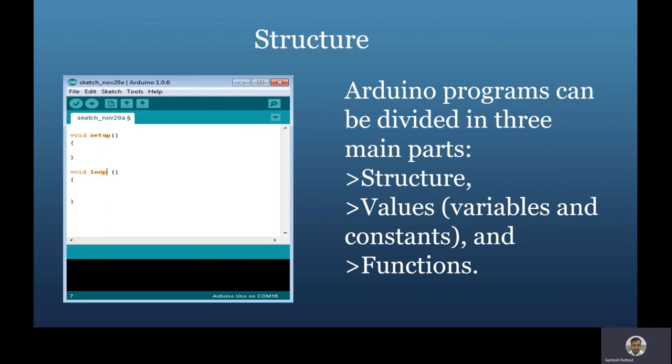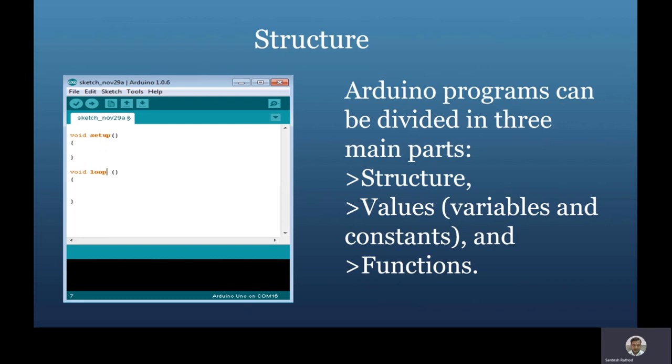So here we'll start with the structure. This software structure consists of two main functions: the setup and the loop. As you can see here in the Arduino IDE, it consists of the setup and the loop. The purpose of setup is that this function is called when a sketch starts.